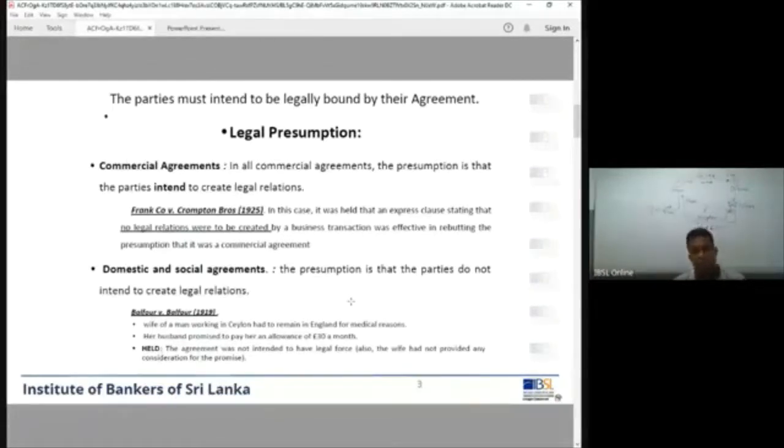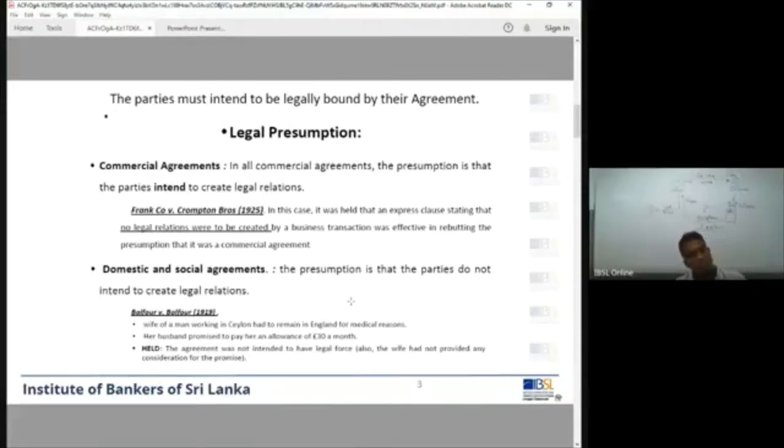What is that? First one, if it is a commercial agreement, so listen very carefully. If it is a commercial agreement, in all commercial agreements, the presumption is the parties intend to create a legal relationship. So this is the first presumption.